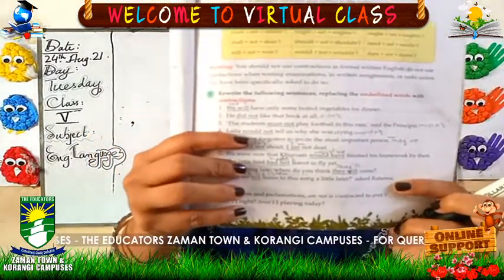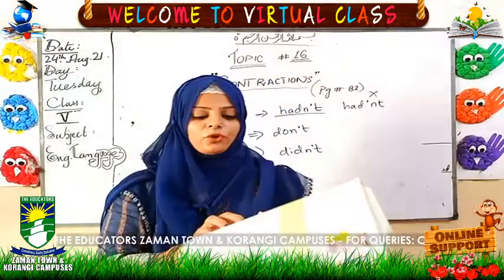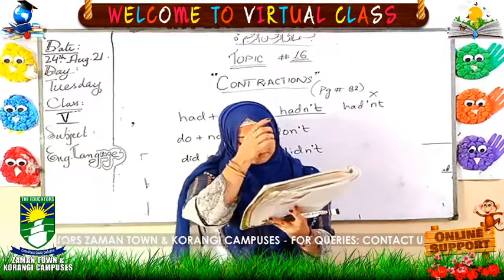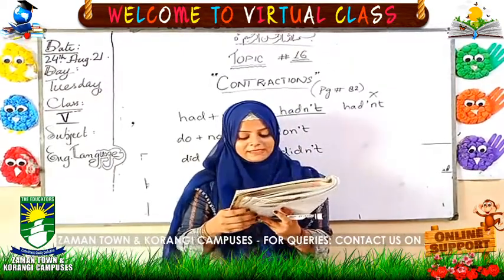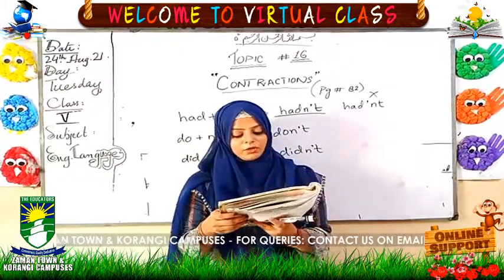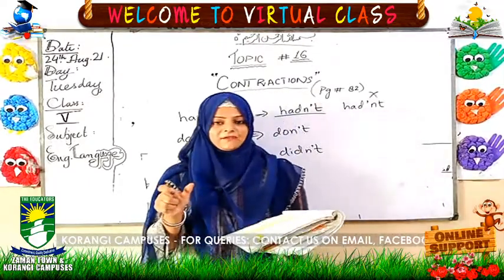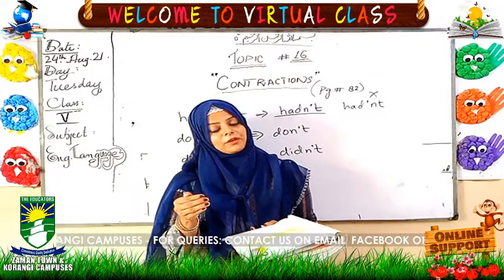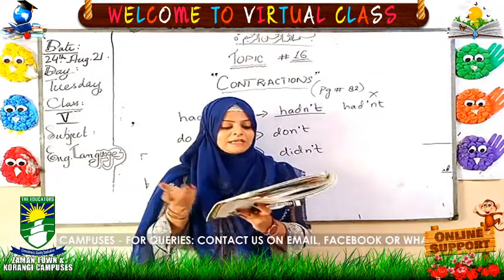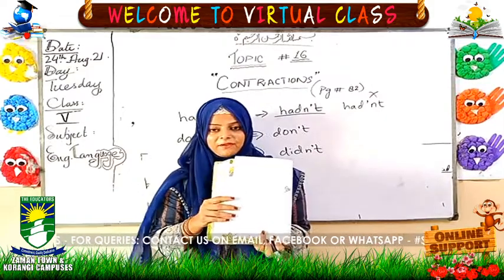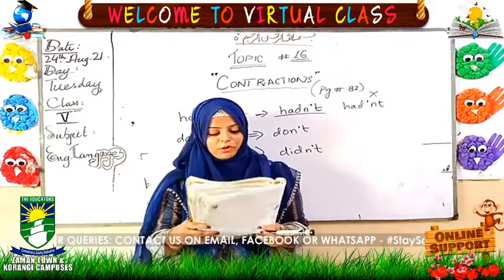This one, exercise A. You have to copy this exercise in your copy and rewrite the following sentences replacing the underlined words with contractions. Whatever the underlined words in a given sentence, just replace them with the contraction. It is so simple. If you have any confusion, you can take help from the examples given at the starting of this topic.